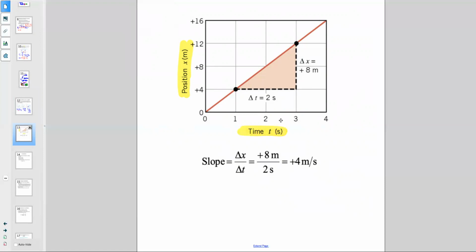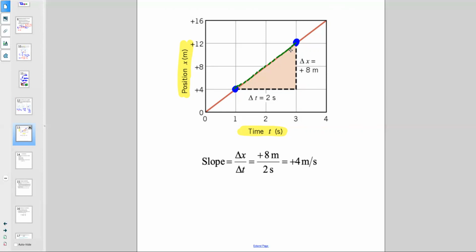If you have an xt graph, and it looks like this red line going across, you want to find the average velocity between this point and this point. Okay, all you need to do is to find the slope of the connector line. And what is the connector line? Oh, it is exactly overplotted on the actual graph.